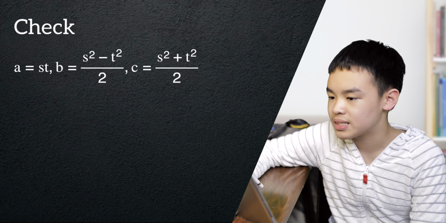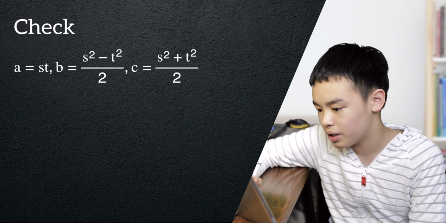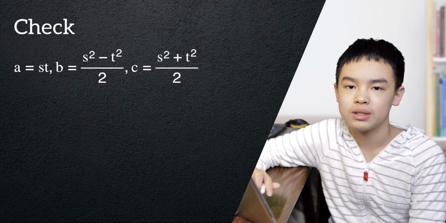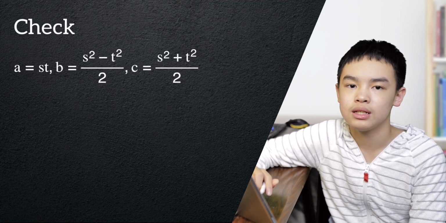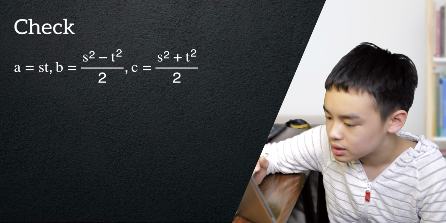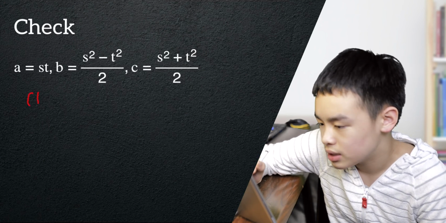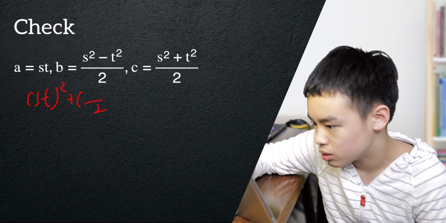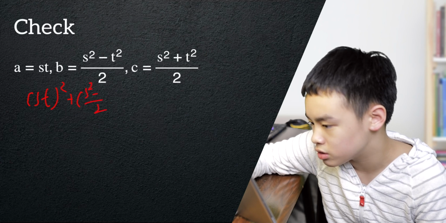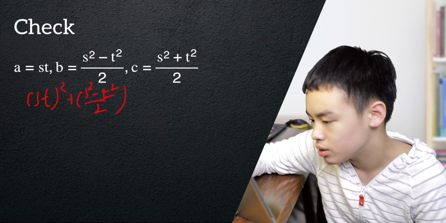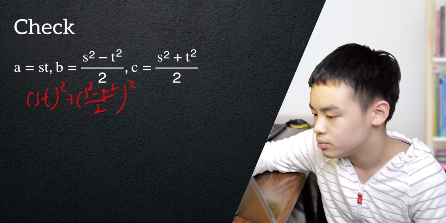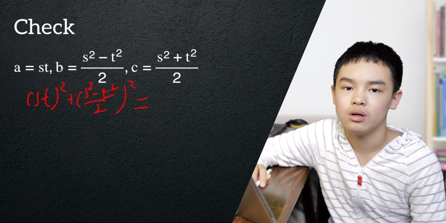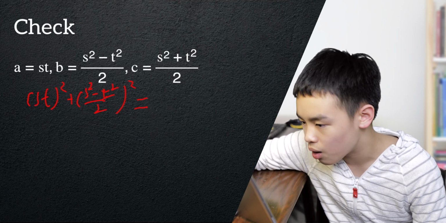Now we'll have to check if this is correct. The best way to do it is to substitute it into the original equation and take out the parentheses. So let's do that. (ST) squared plus ((S squared minus T squared) over 2) squared equals... well, we open up the parentheses as always.